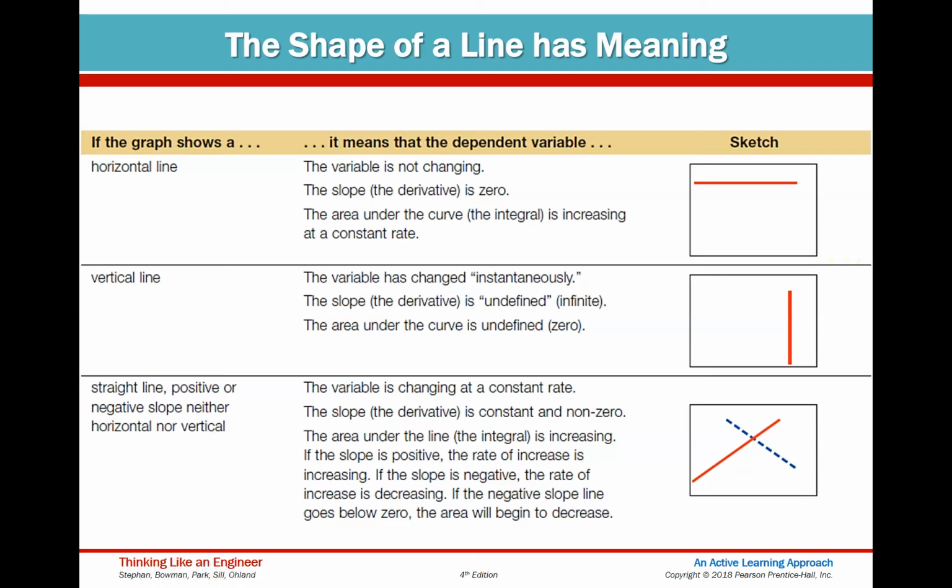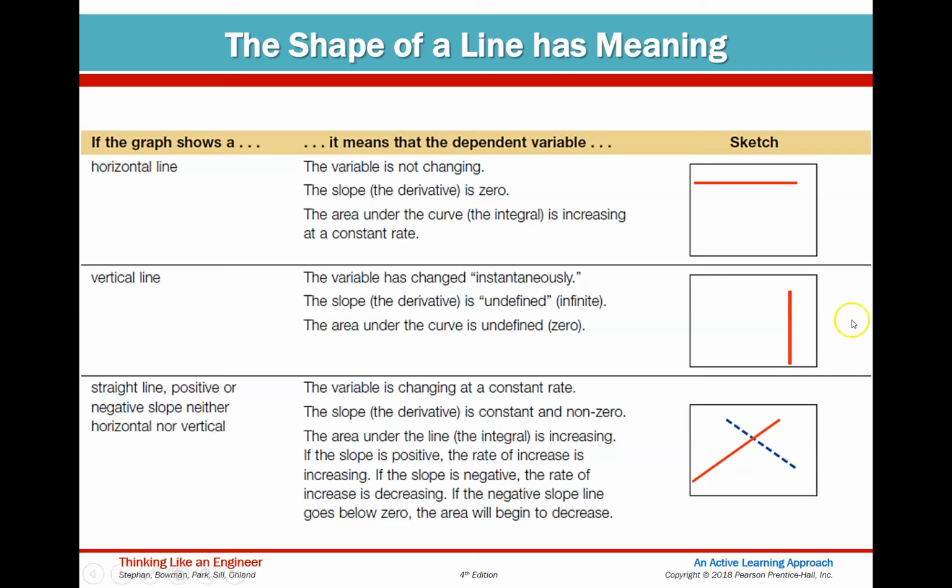Its derivative is 0. And the area under that curve, and yes, the curve is straight, is increasing at a constant rate. So therefore, its integral is increasing at a constant rate.